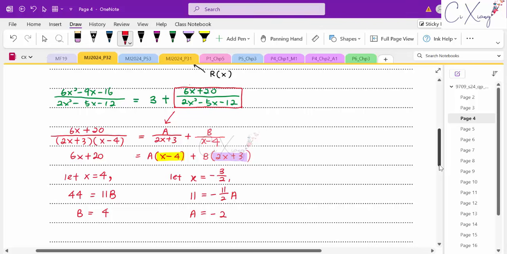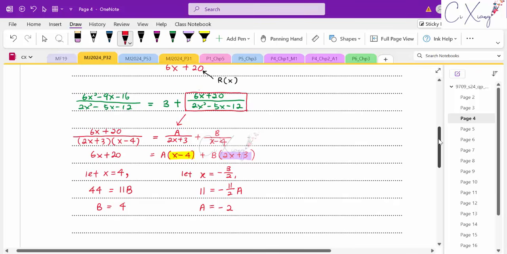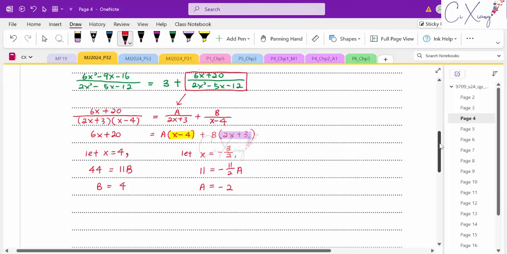So now you can see that the original improper fraction, I separate it into something like this, where this part is the proper fraction. For this proper fraction, I further expand it into the partial fractions. Therefore, now I can rewrite my final answer completely.